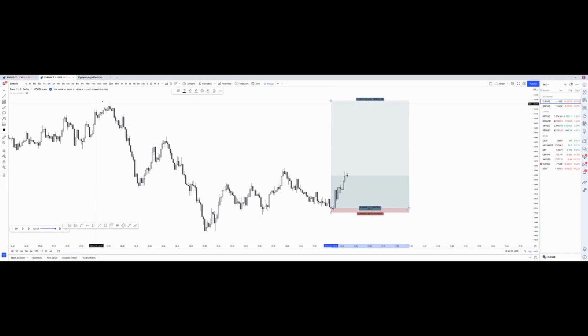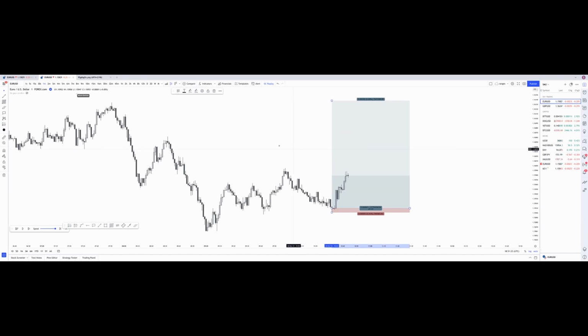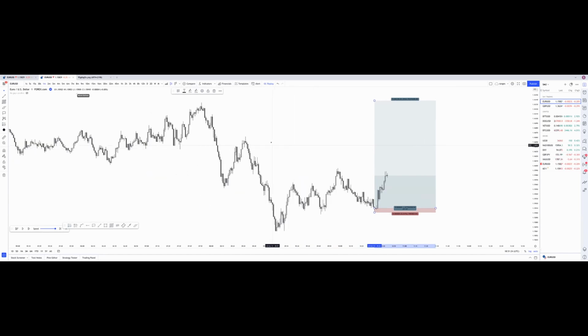We are not expecting this high to go. What we are expecting is the mitigation of this, potentially, of the 15M supply, which would be those wicks there. That's the expectation, not that we take out this high. Yeah?